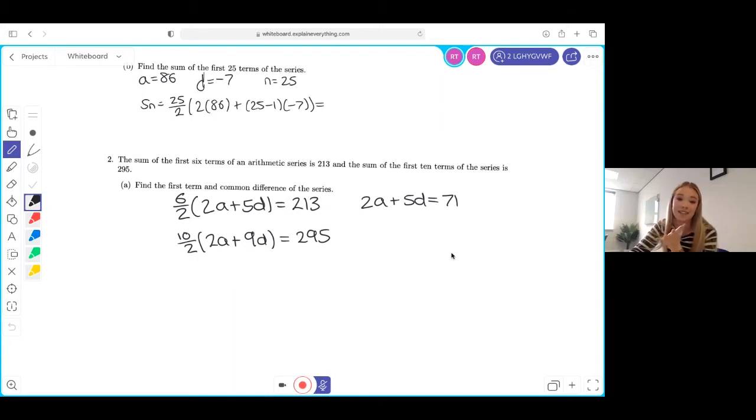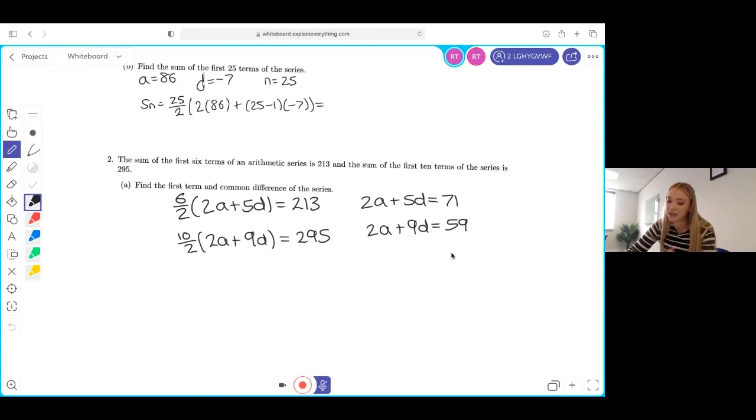There are loads of ways to do these simultaneous equations, so you don't have to stick to this one. I just go for the easiest, probably laziest method. 10 over 2 from the next one, so that's all times by 5, so I'll divide both sides by 5, and I get 2a plus 9d is 59.